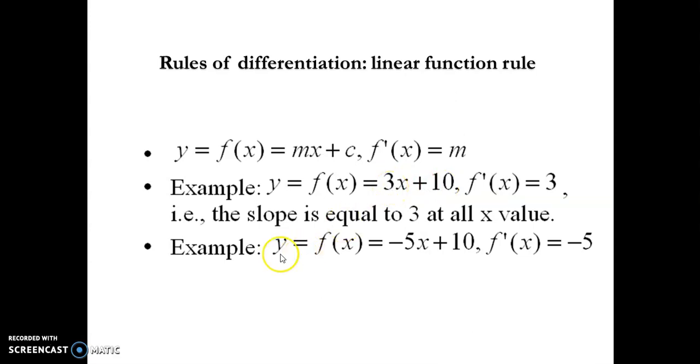Here's another example. Y is a function of x and it's equal to minus 5x plus 10. Here, f dash of x, or your derivative of that function, is equal to minus 5, which is the coefficient of the variable x. So far, the first two rules are fairly straightforward.